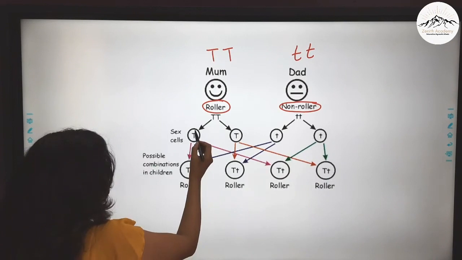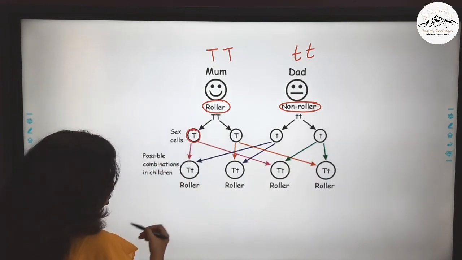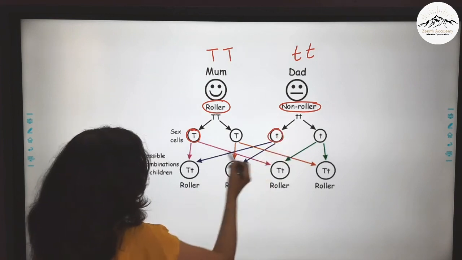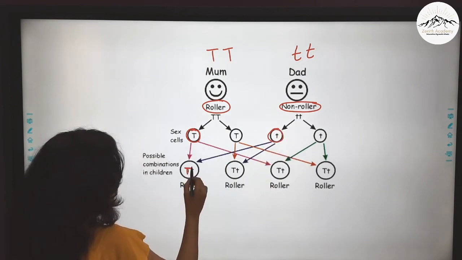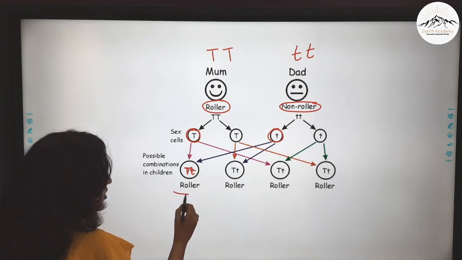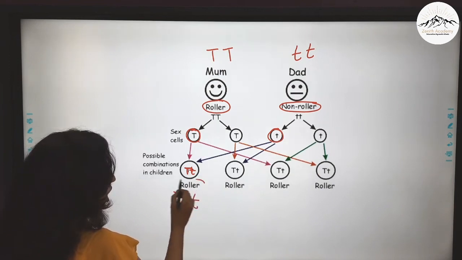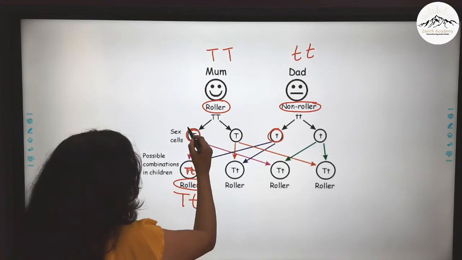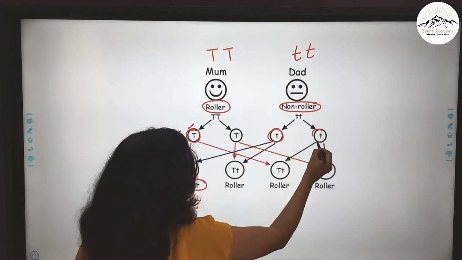Right. So you can see that when this capital T chromosome and this small t chromosome combine, they will form capital T, small t. Now here the dominant is capital T, so the child will be a roller. Okay. Now again this capital T will combine with this small t.